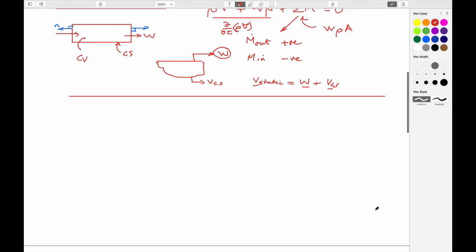We talked about conservation of linear momentum. And if we look at conservation of momentum, then we have a similar expression. It also came from Reynolds transport theorem.